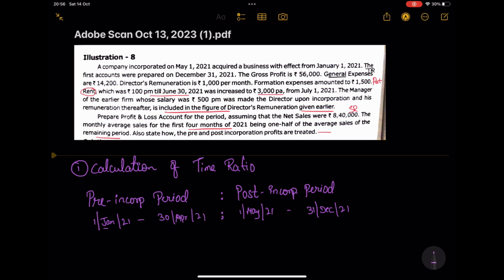If you calculate, Jan to April we have 4 months, and the remaining is 8 months in the post incorporation. If you reduce it, my time ratio is 1:2. Got it? Easy thing, isn't it? Very simple calculation. Time ratio we have calculated.